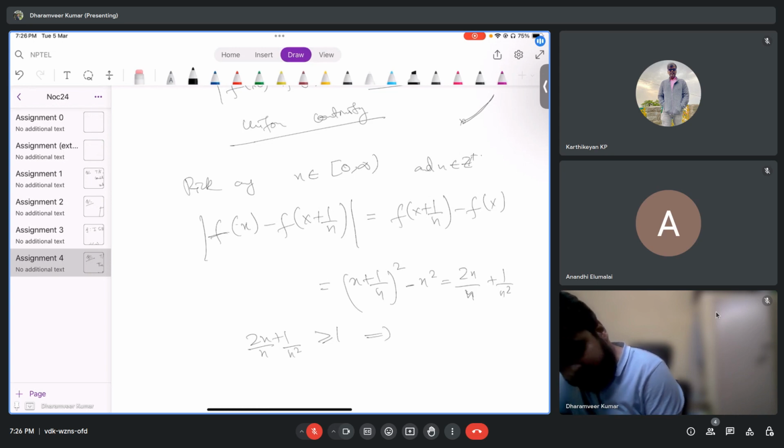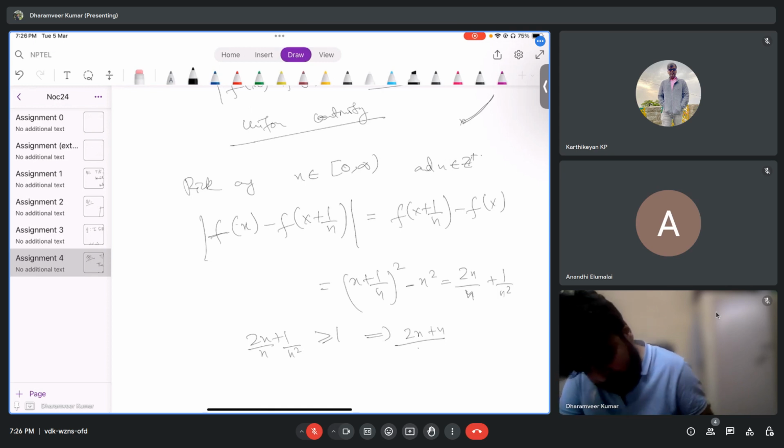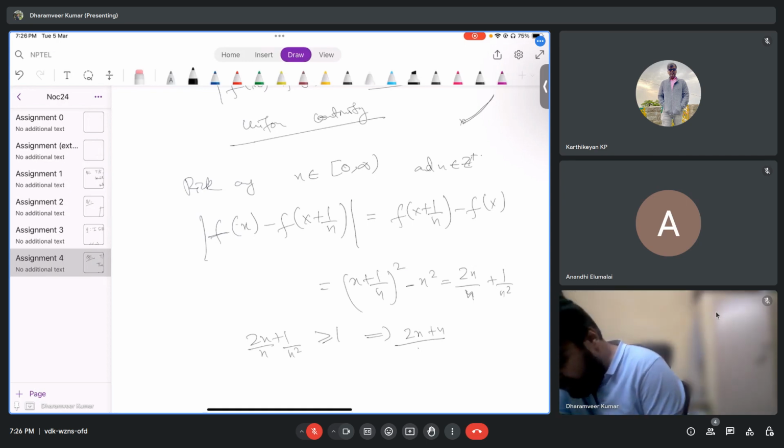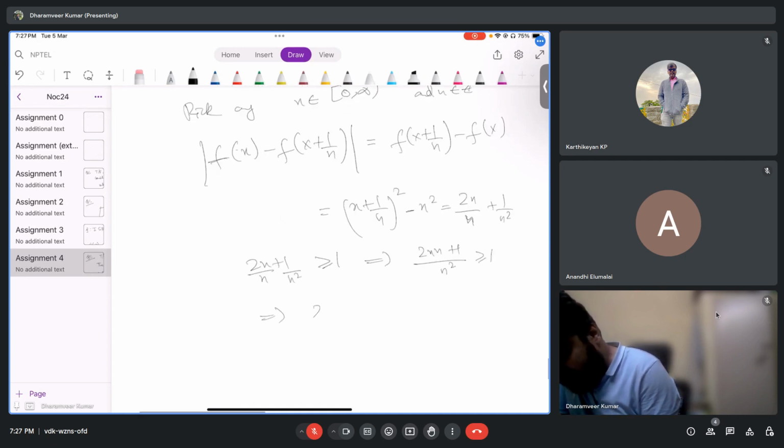This implies 2x over n plus 1 over n square is greater than 1, which implies 2xn plus 1 is greater than n square.